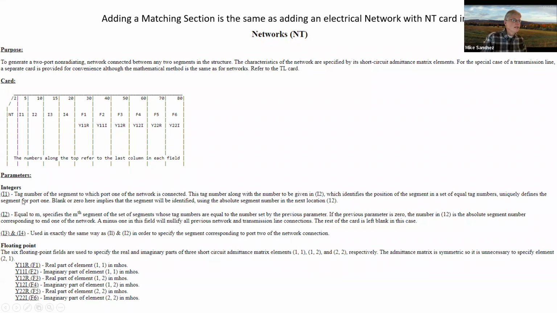So reading this is really important, and then understanding it is important, and then how to use it is important. But this says I1 and I2, which is wire number 1 and segment, whatever segment you're going to launch the network from. And then this is the other wire and segment that the network connects to. So a network is a joiner between, let me go back to the previous.